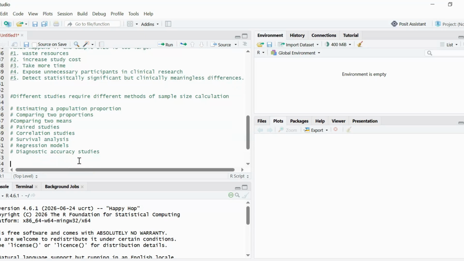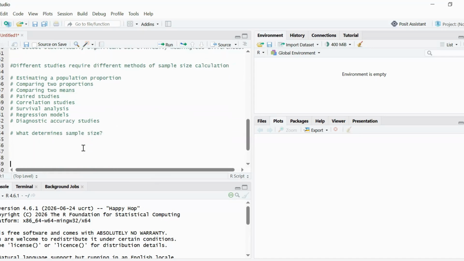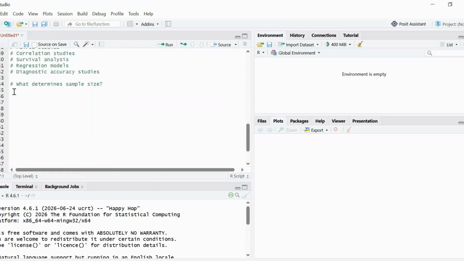So the next question is, what determines sample size? Let me write it down. What determines sample size? So there are several factors that influence the required sample size.